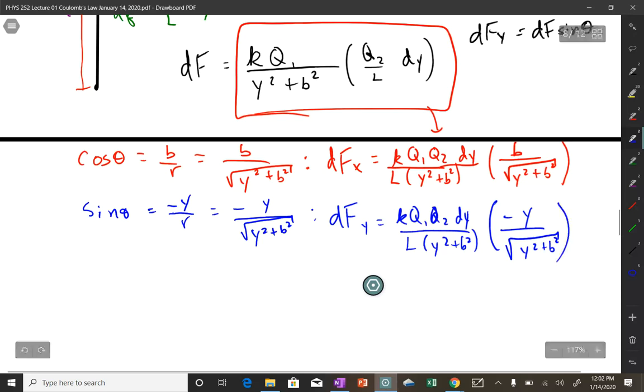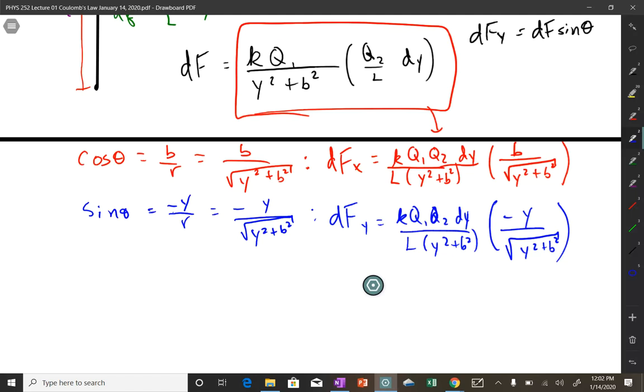Now, these are integrable. We could integrate it just like it is without doing anything tricky. But you know what we do in this class? We do tricky. Because doing that integral isn't all that fun. We have 1 over parentheses y squared plus b squared to the 3 halves, and then we have either dy or y dy on top, depending on if we're doing the x or y component.